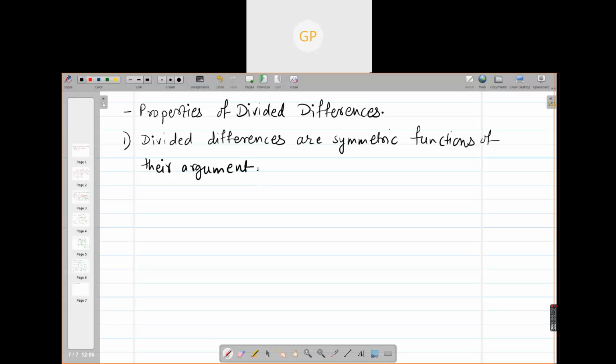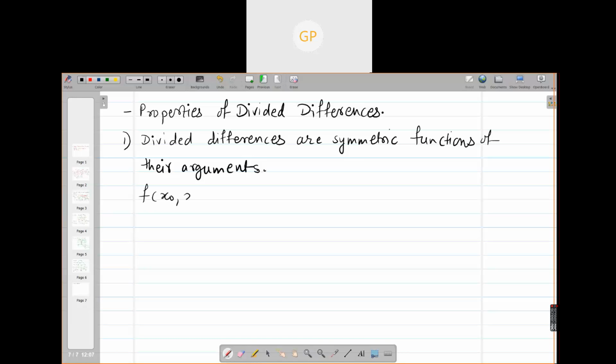Symmetric functions of their arguments. Can anyone tell me the meaning of this statement? Divided differences are symmetric functions of their arguments.